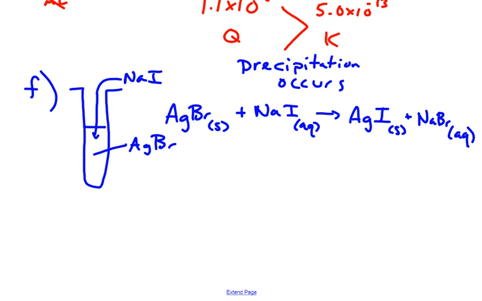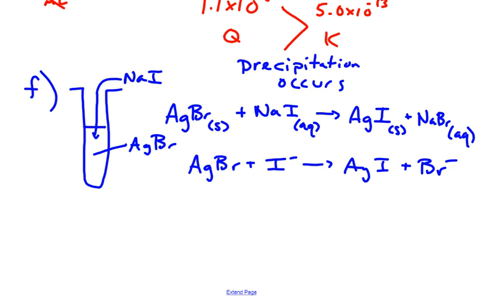Whatever was in solution but now isn't would have charges if they're an AQ on one side versus the other. If you're not sure, we'll see the answer in a second. That's a net ionic.